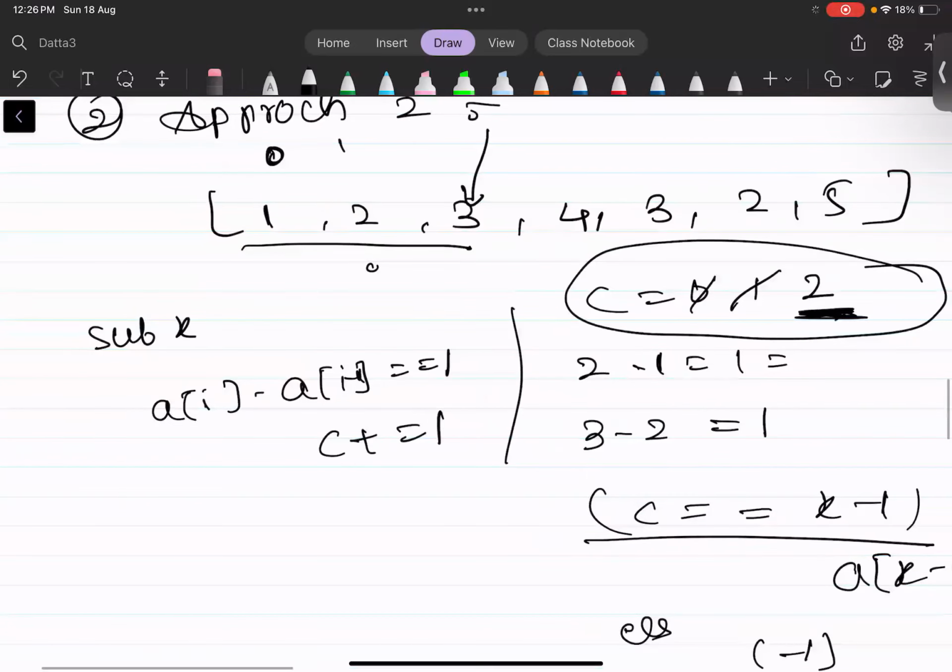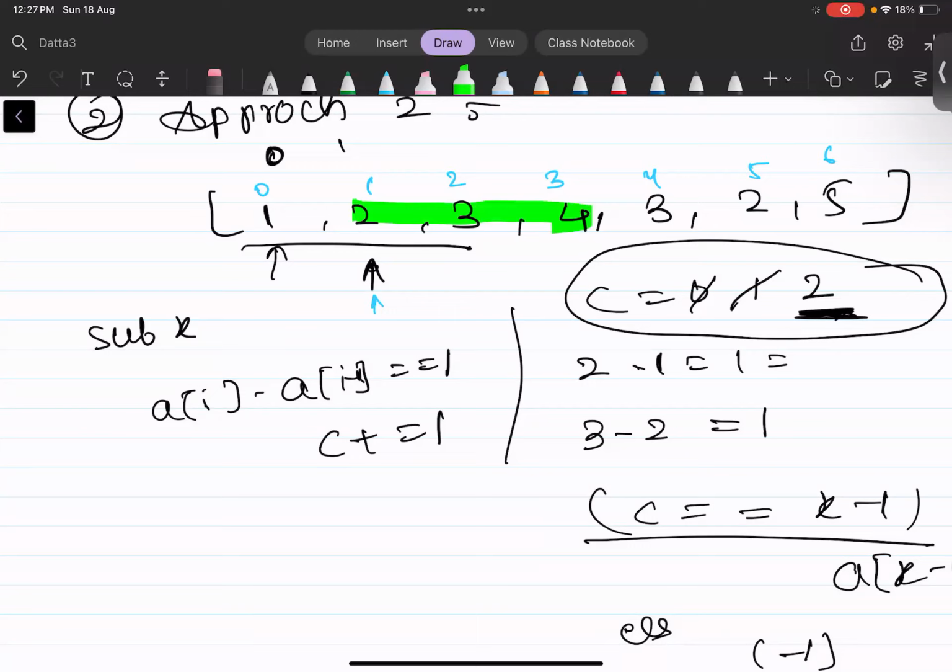As I found the answer for the subarray starting at index 0, now I am going to start at index 1 and use the values stored in C. Whenever I am at index 1, my subarray starting at 1 will be this, and previously my subarray was this.